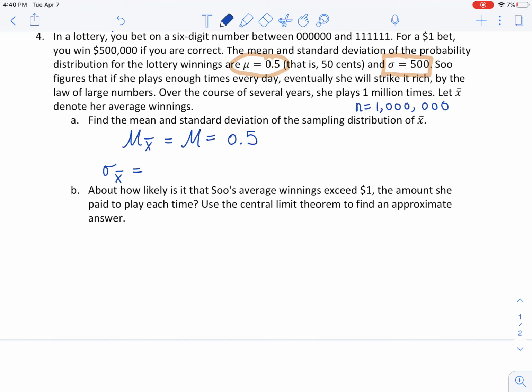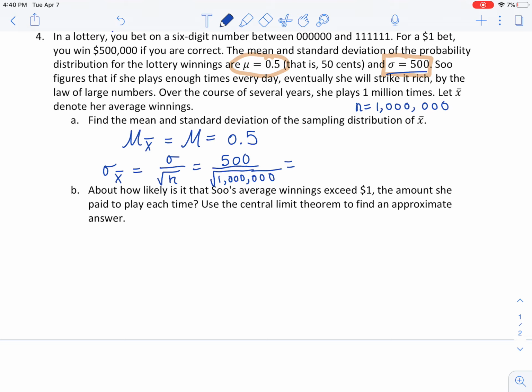Oh dear. Why would she do that? N is 1 million. So if I want to find the standard deviation of the sampling distribution of X bar, I'm going to have to divide the standard deviation of the population by the square root of N. We know the numerator is 500 because we were given that number.